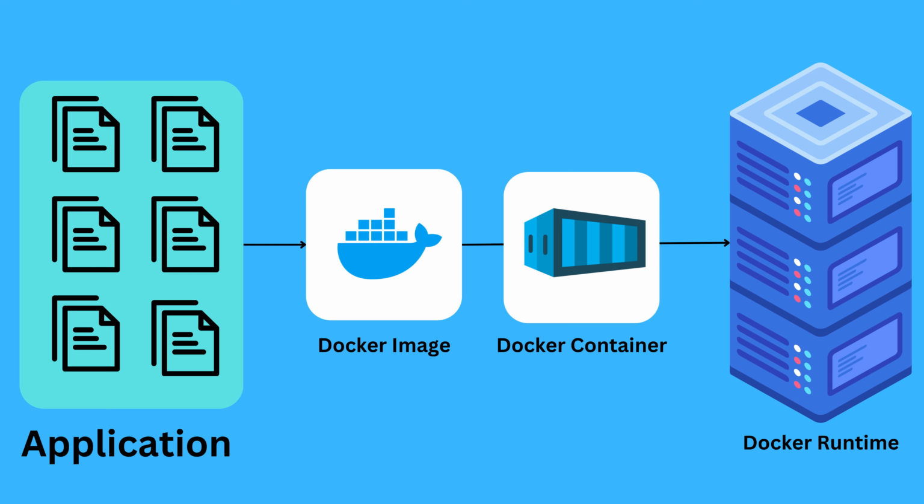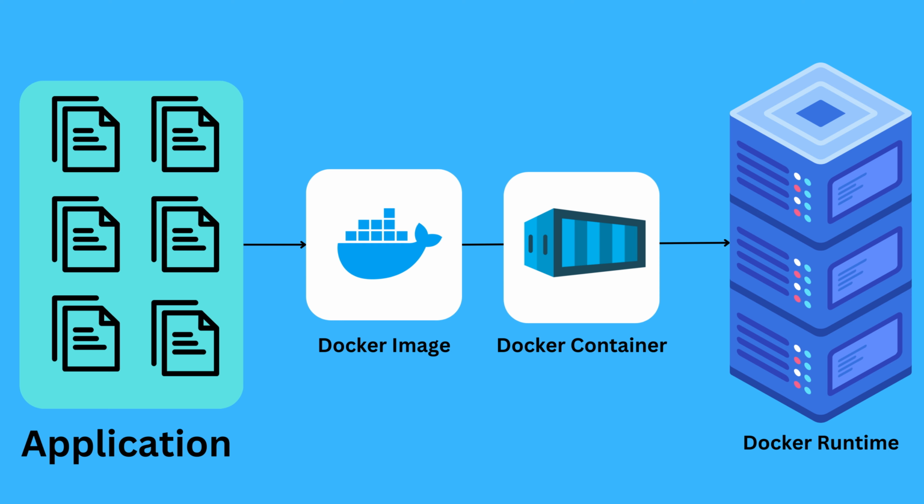For example, you can take this Docker image and run it as a container on Google Cloud, AWS Amazon Services, or Microsoft Azure. You can deploy this image wherever you want to, provided there is a Docker environment available there.